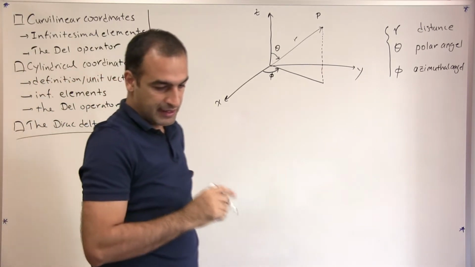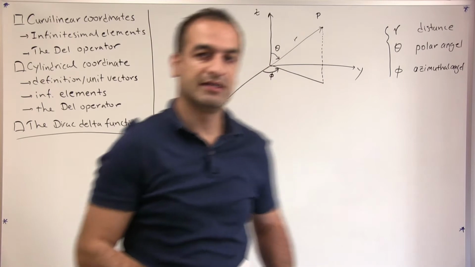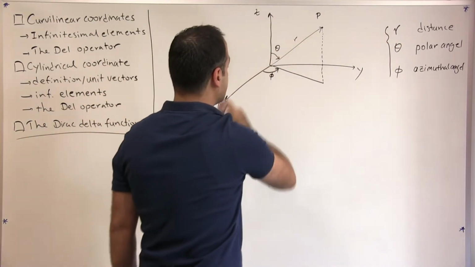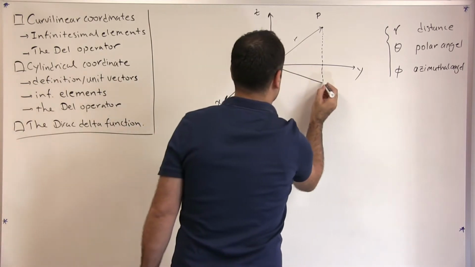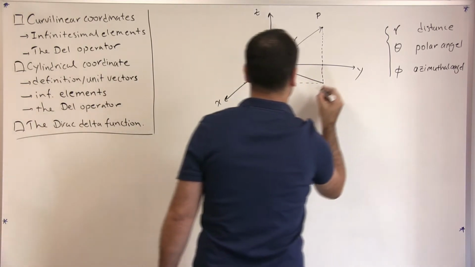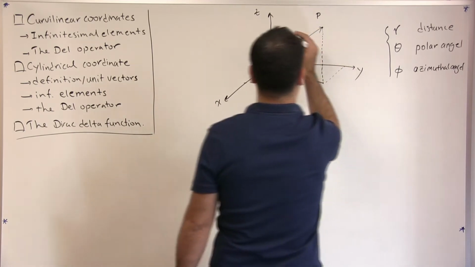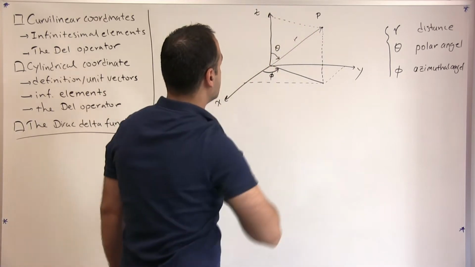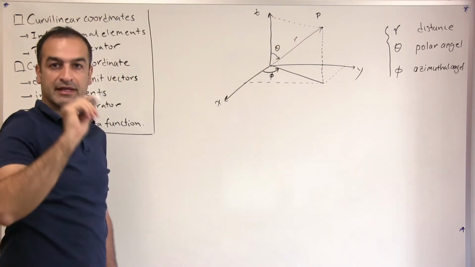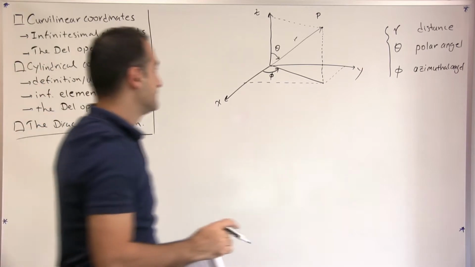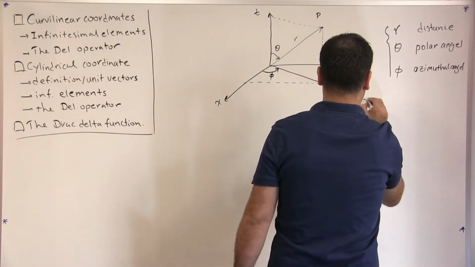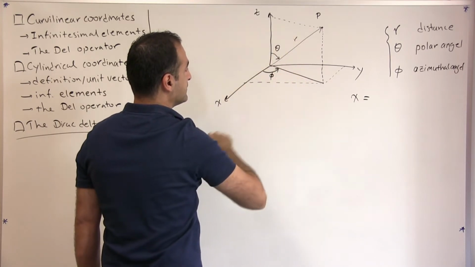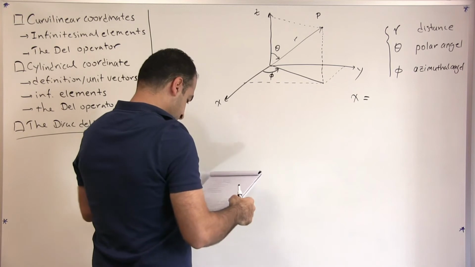Okay, so now what is the relationship between x, y, z and r, theta, phi? If you look at this, any position x, y, and z can be derived from the r, theta, and phi that we have. If you look at the x value here, it's going to be r times sine theta.